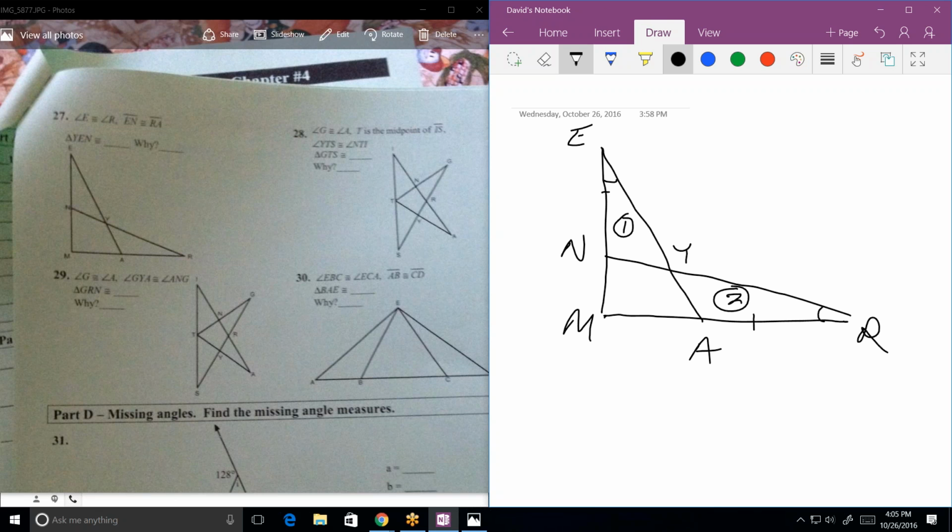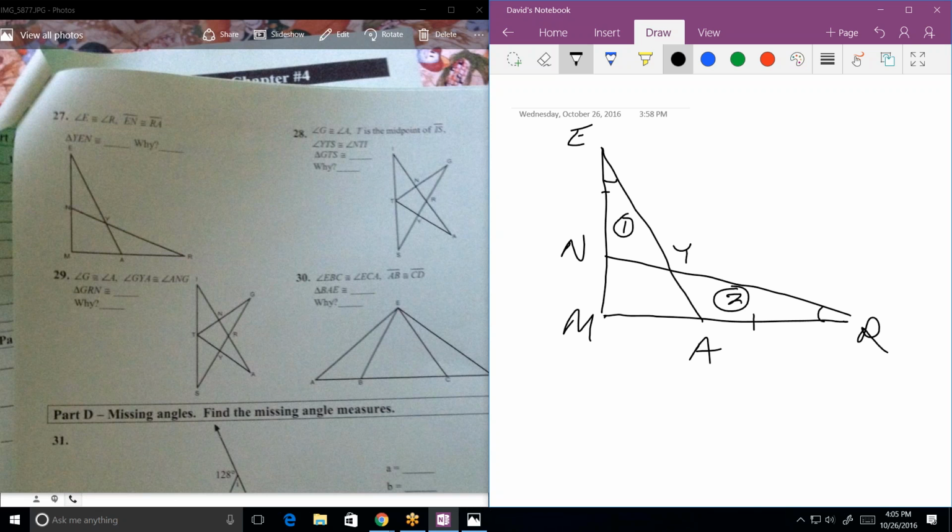Now, let me think. We know angle, side. What do we know here? In other words, what's the next piece of information that we can say? That Y is congruent to itself.